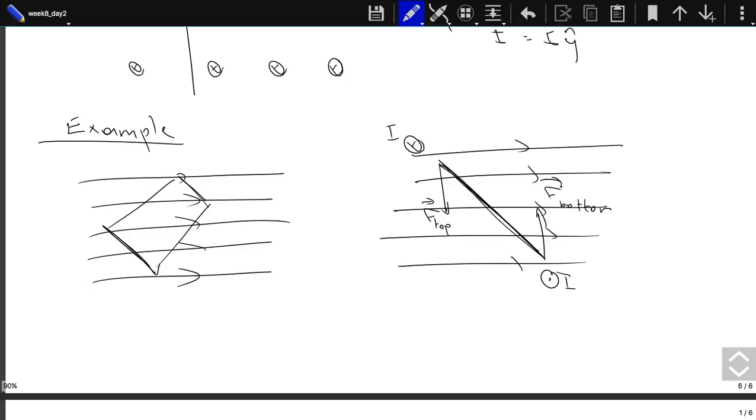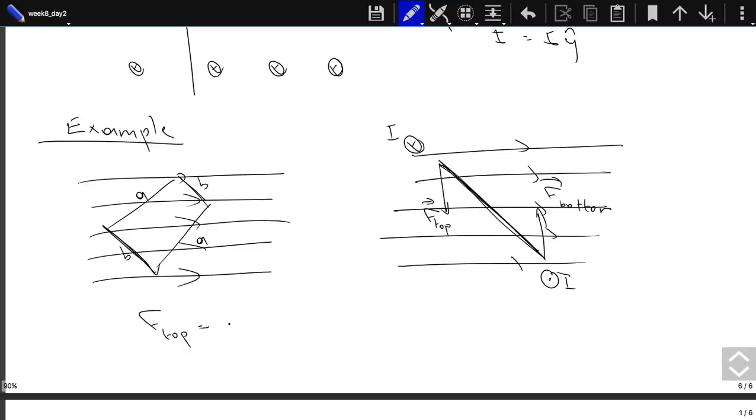Now, what can you say about their magnitudes? Let's say this has side a, this is b. What is the angle between dL and B? This is my dL, this is my B. The angle between the two is just 90 degrees, so sine of 90 is just 1.